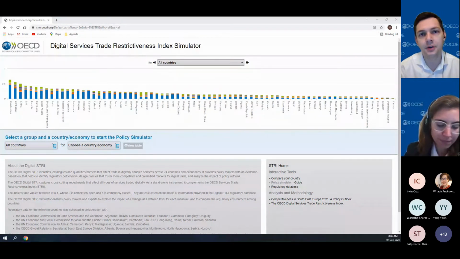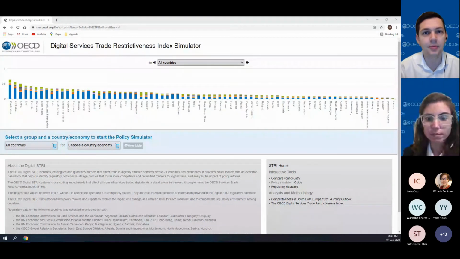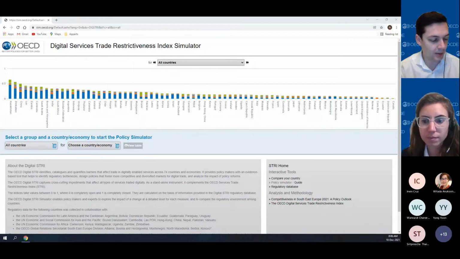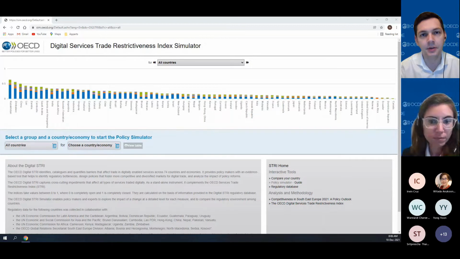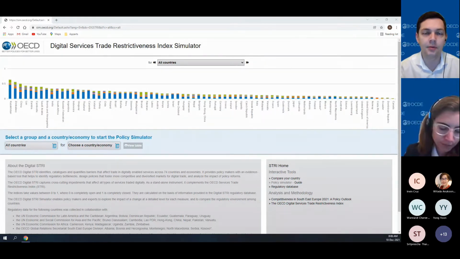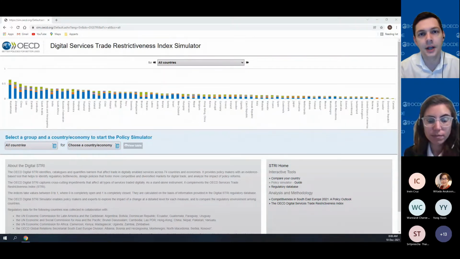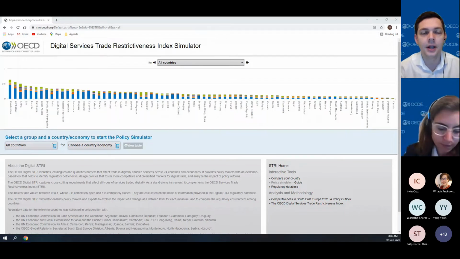For each of those sectors, there is this detailed breakdown of different kinds of sectoral measures that are relevant to understand what the regulatory barriers are that affect these sectors. And that's maybe also one of the areas where we link in with the RDTII, in terms of having a slightly different approach in the structure that we adopt for looking at barriers to trade. The RDTII has a pillar structure that looks at different kinds of pillars and different kinds of measures.